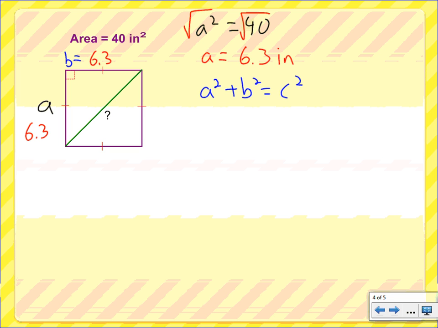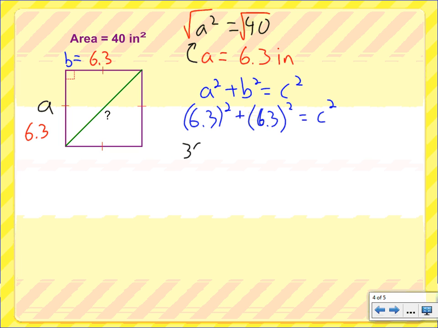So A was 6.3, B was 6.3, and we square both of those. Now we could certainly take a look up here and realize that A squared was actually what we had before. So what would be best is probably putting in 40. But we'll do this both ways. We'll assume this is 6.3, and we'll multiply by 6.3.